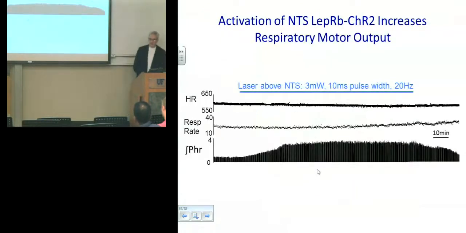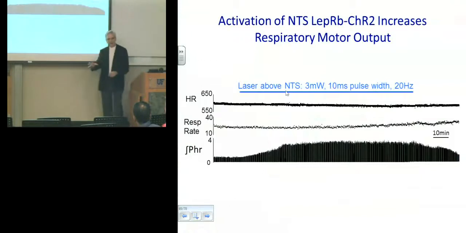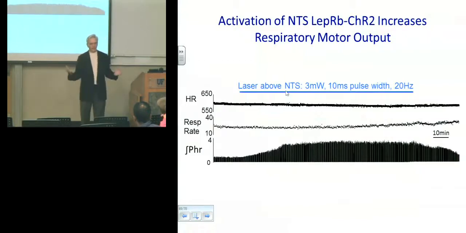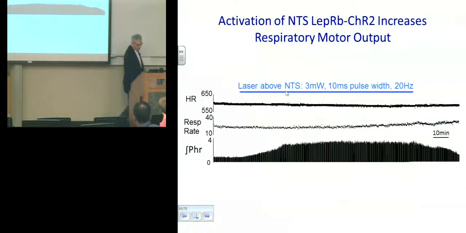And now in vivo, we can put the laser or the fiber containing the laser light just on the dorsal surface of the medulla. So you don't even have to stick it in the medulla. Activate the leptin channelrhodopsin neurons, and you get a pretty substantial increase in breathing.